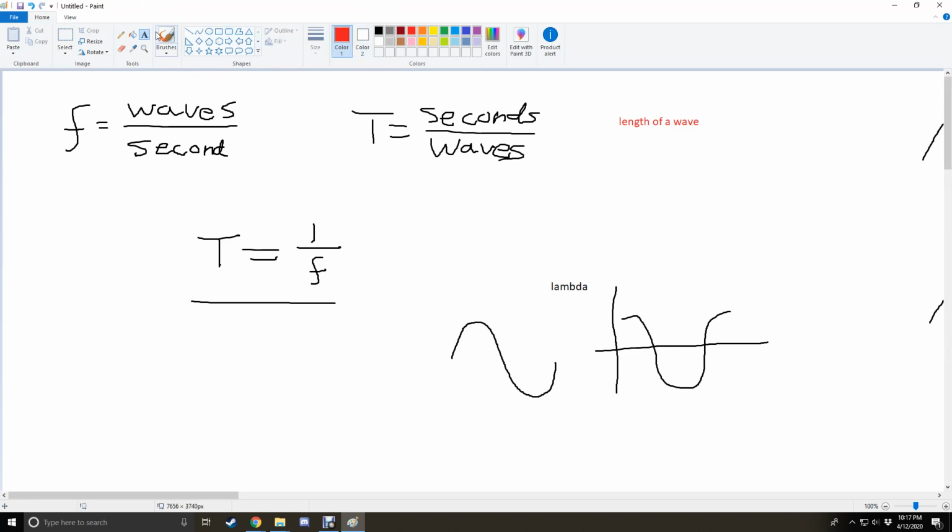So what we can do is I can say that lambda is the length divided by the number of waves. So I can use this to figure out what the wavelength is.